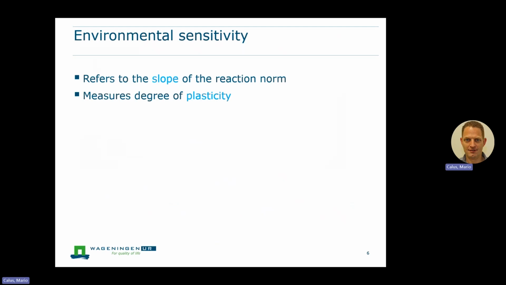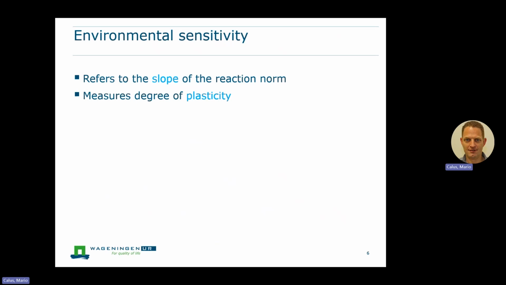Another term that's commonly used in the literature is environmental sensitivity, and this refers to the slope of the reaction norm. So if the reaction norm is flat, basically the individual does not show any sensitivity to changes in the environment. There's a different term that's also closely related to this called phenotypic plasticity.